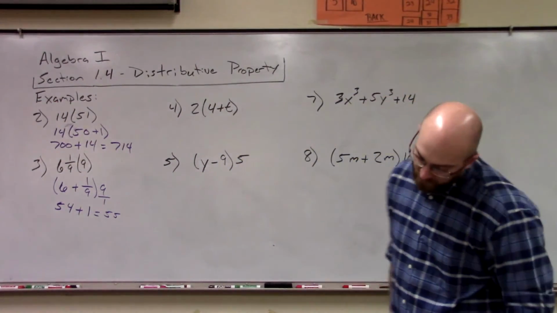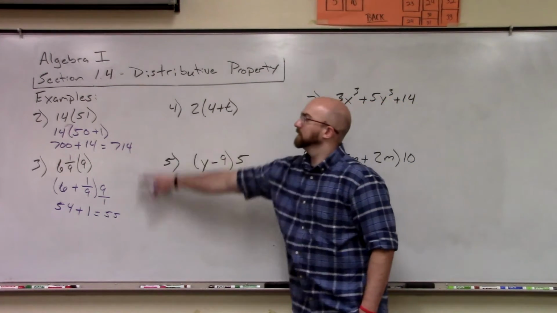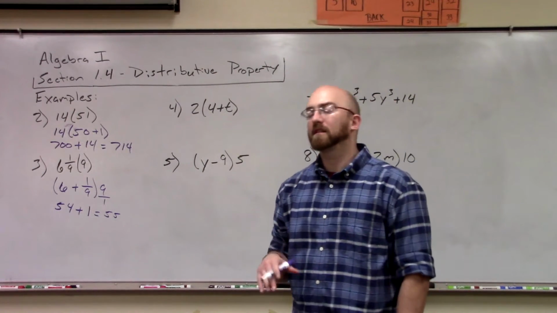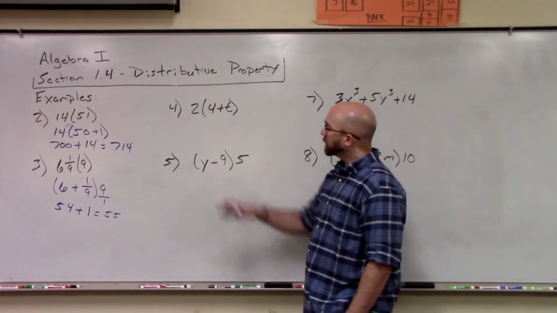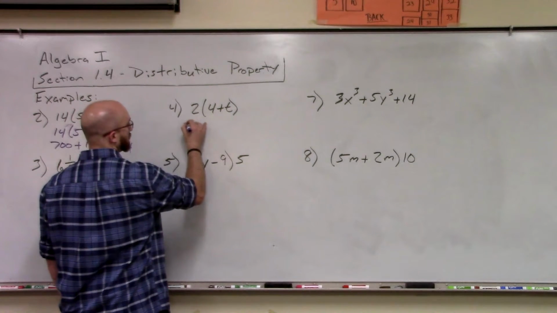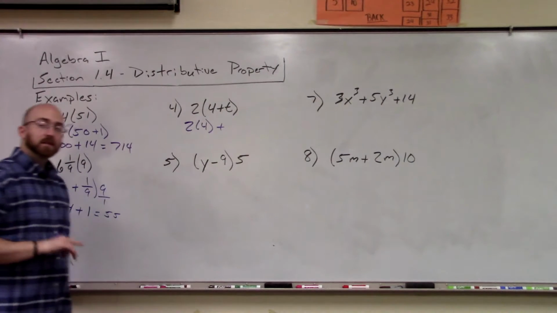Now, I mentioned that I was going to do something with a variable. Those 2 and 3 you may just be able to plug in the calculator and go. Variables is where our game is going. So we're going to have 2 times 4 plus 2 times t.